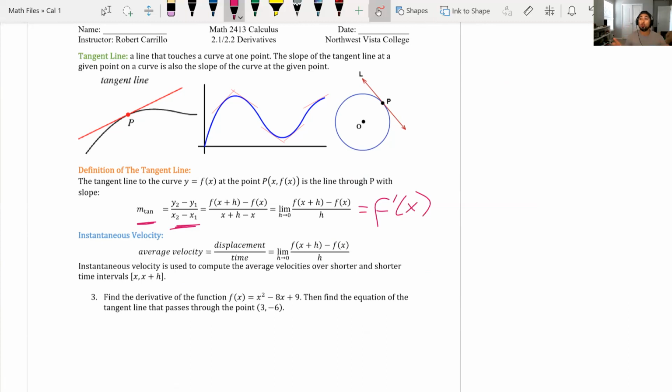You only need two ingredients to find the equation of any line: you need a slope and you need a point. It doesn't even have to be the tangent line. So let's try it out.